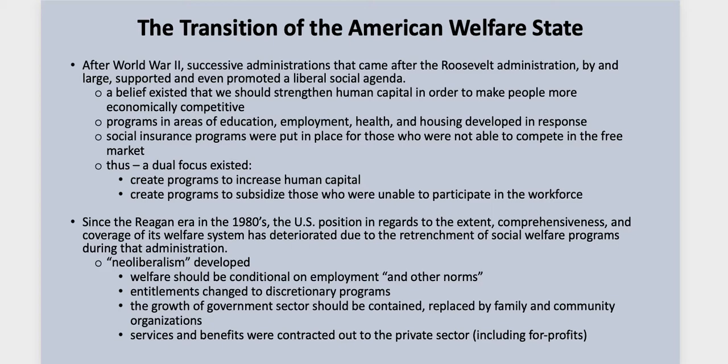And also, during this era, another significant thing is that services and benefits were contracted out to the private sector, but this included for-profits. So you have more reliance on the private sector, 1,000 points of light and volunteer organizations and private sector agencies, more of a reliance upon that to provide for the social welfare needs of America. And again, I tell you, not with the same kind of assurance as to the equal distribution of benefits.